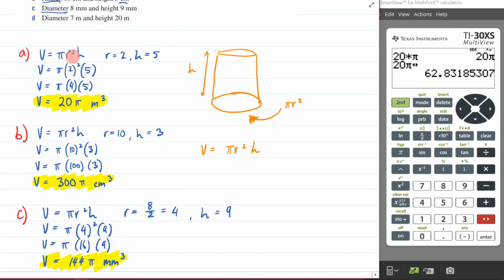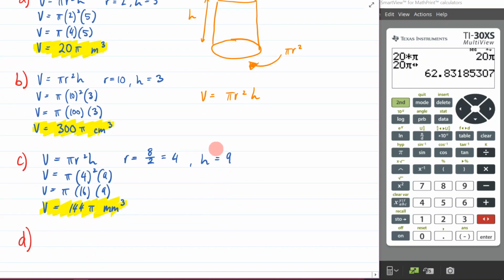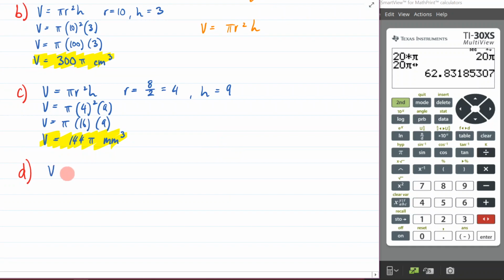All right. The next one, I have a diameter of 7 and a height of 20. So let's give that a go. My volume is going to be pi r squared h, and my radius is going to be 7, but I have to halve that 7 because that's my diameter. That's going to give me 3.5, and my height is 20. Now I'm going to go volume is equal to pi. Into the r spot, I put 3.5 squared, and into my h spot, I put 20.